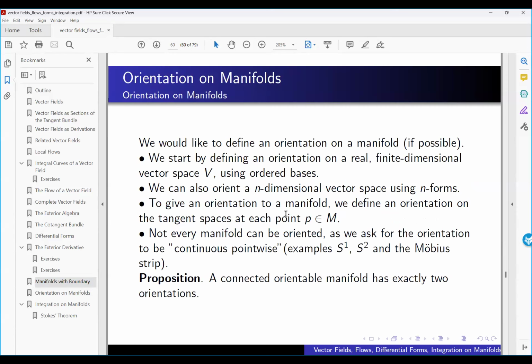This is a very long talk, the orientation on manifolds. There are different ways to orient manifolds. I won't insist here because we would need a semester class to really explain in detail the orientation of manifolds, but let me explain in the following way.